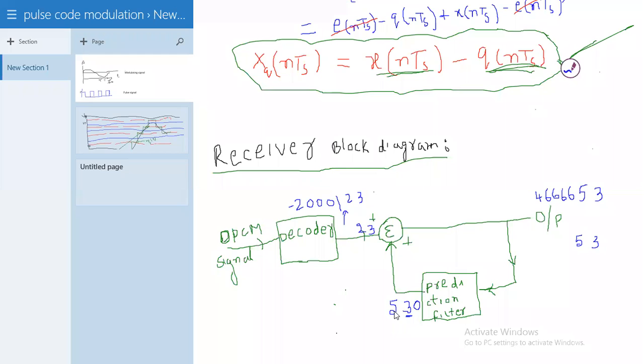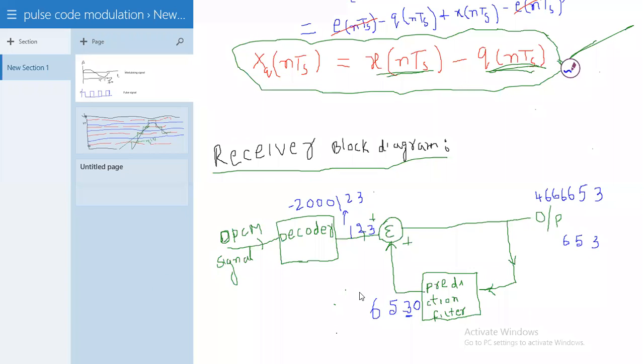What is the next sample value? The next sample value is 1, and at that time the prediction filter value is 5. 1 plus 5 is 6. The prediction filter also stores that 6 until Ts seconds, until the next sample value.